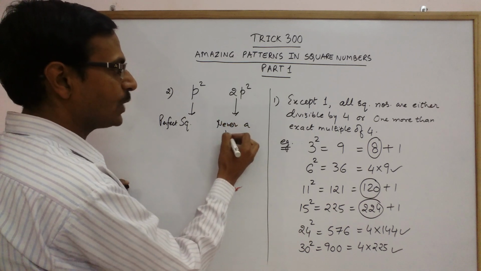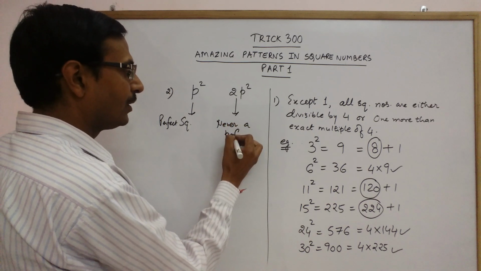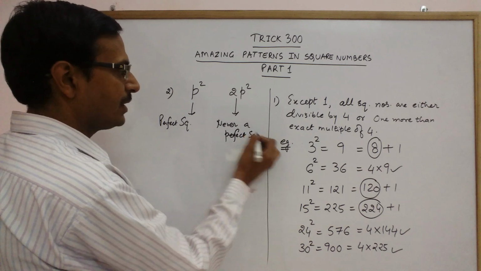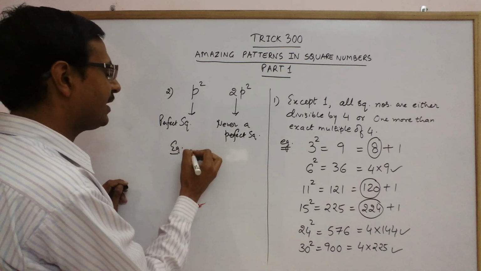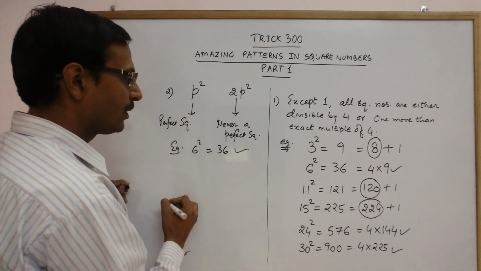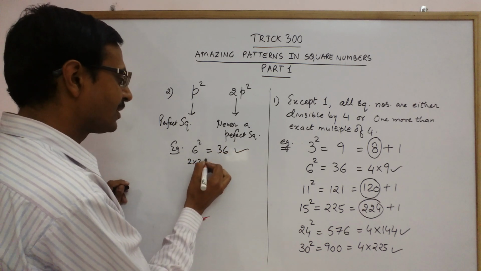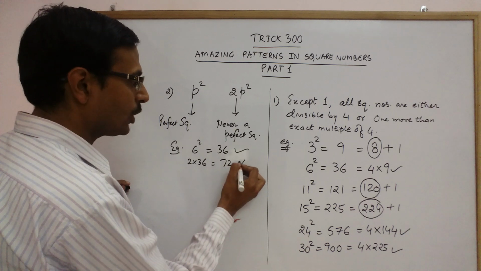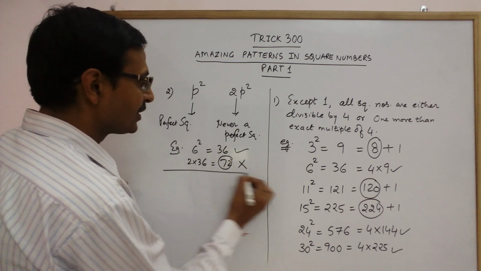Never a perfect square. Say, this is the example. Say we have 6 square. Now 6 square is 36. What is double of 36? It is 72. It is not a square number.